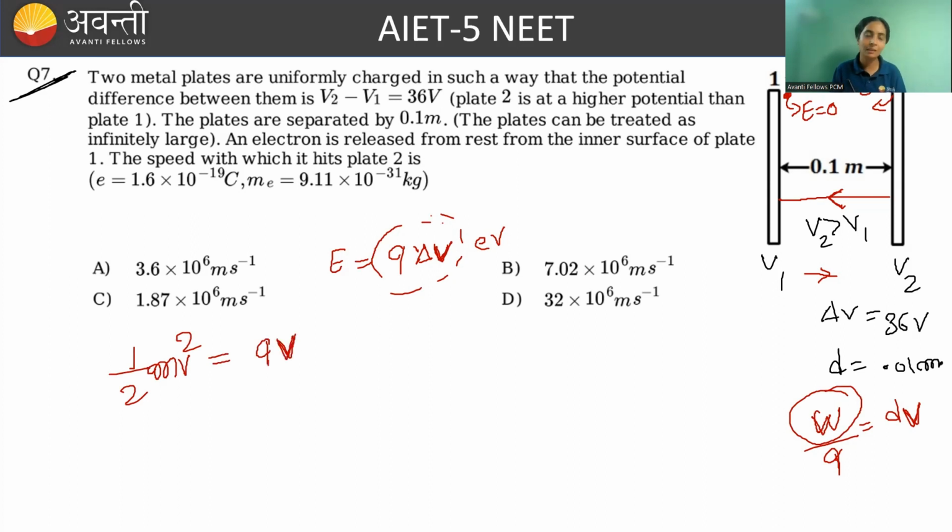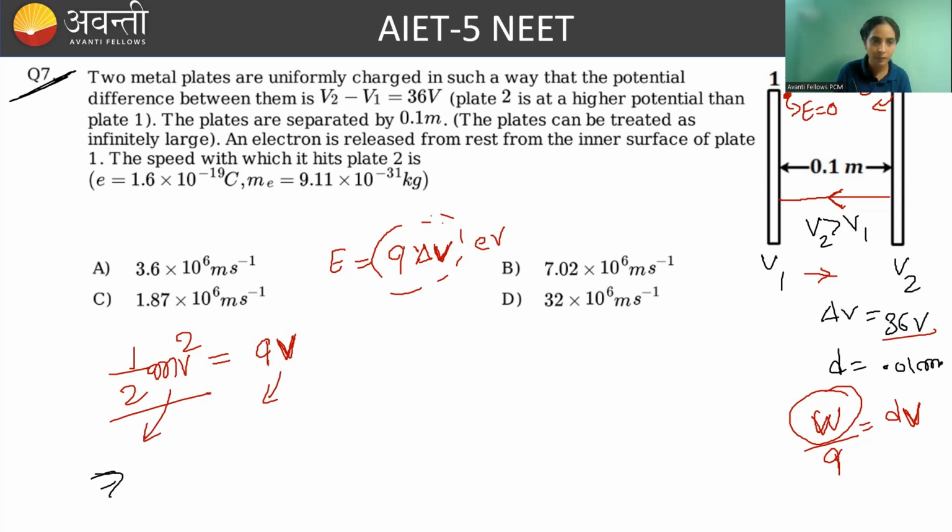And here q is an electron, so q is a single electron and V is your potential difference here, and that is your 36 volt. Then here half mv square we have written, its unit of energy will be joule and it is in electron volt. We need to convert it. So we will be writing the value of charge, that is 1.6 into 10 to the power minus 19.